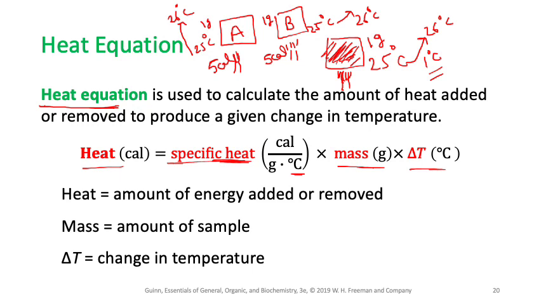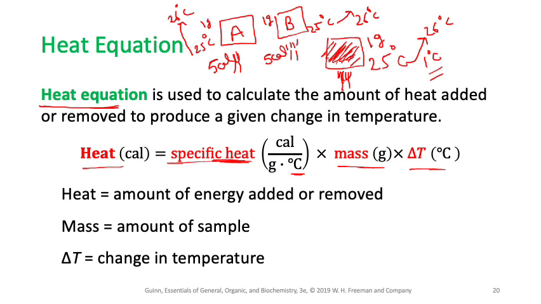So if you put the 5 calorie of energy into B for a longer period of time, that means you are providing more energy to B before it can change its temperature by 1 degree Celsius. So the specific heat of B is higher compared to A. This is how you can compare the specific heat of multiple matter.